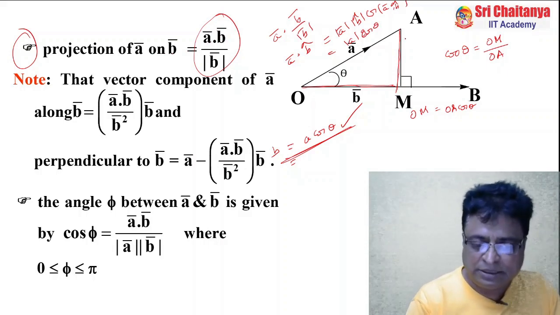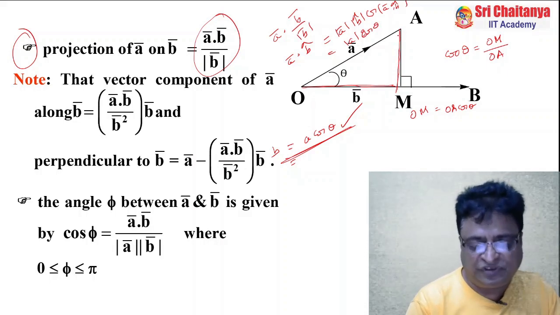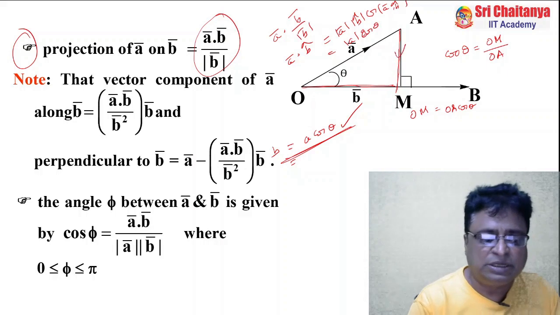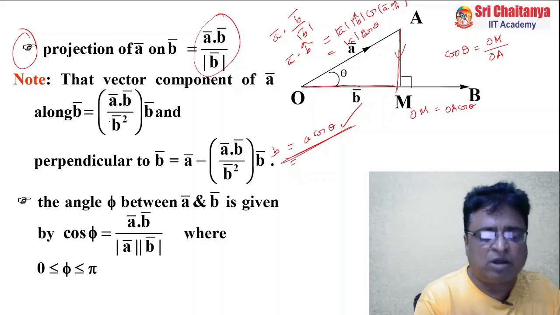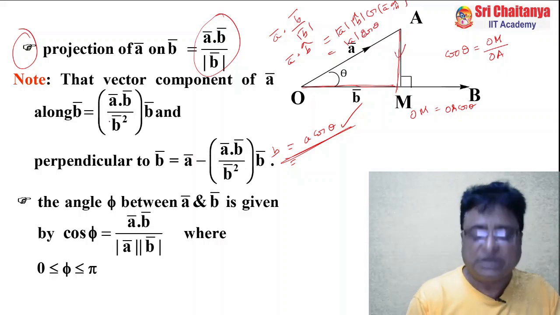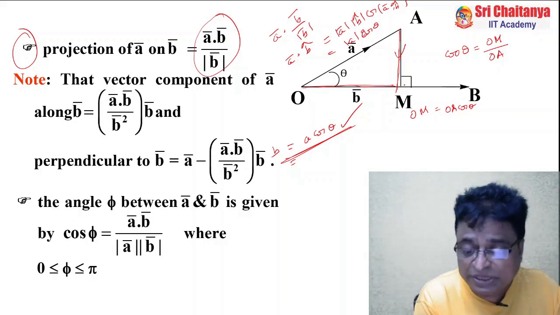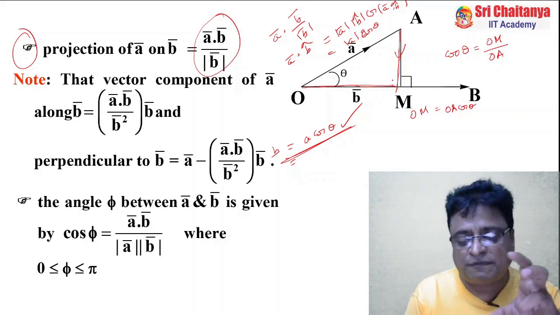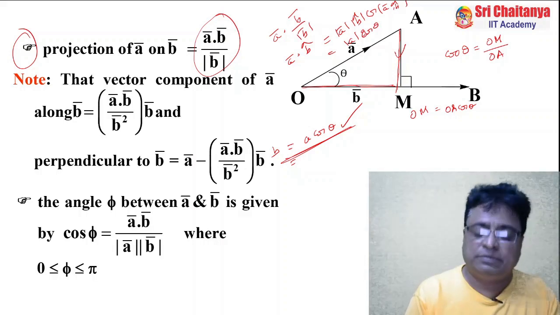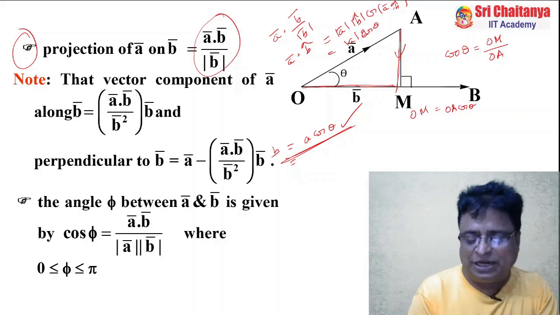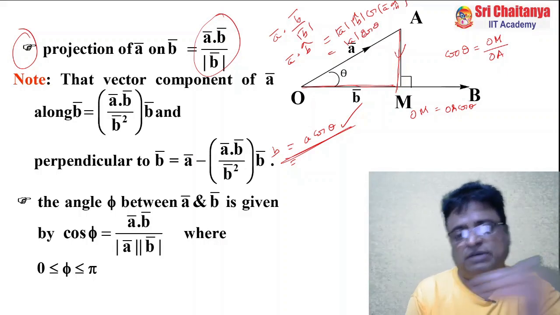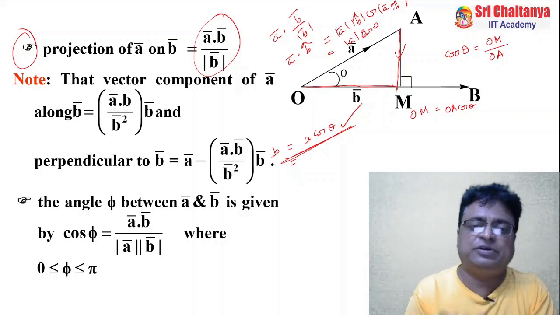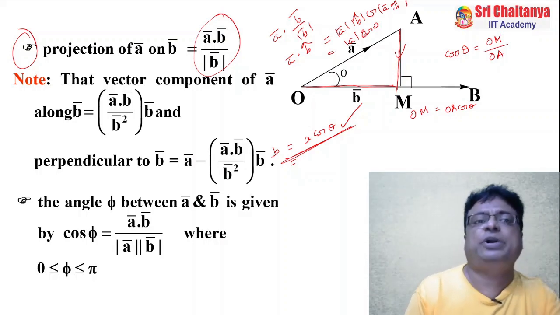And here, this AM, a vector OM, is called the component of A bar along B bar. Sorry, this OM is the projection, and OM bar is called the component of A bar on B bar. So whenever I know the magnitude, and if I know the unit vector along that direction, then you multiply that magnitude with that unit vector, you will get the component vector.